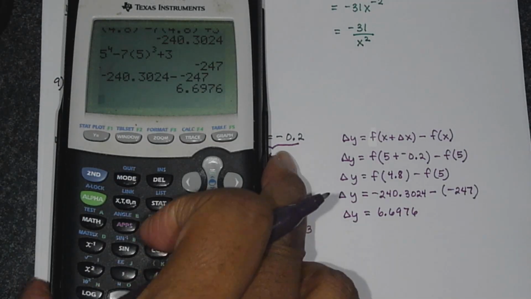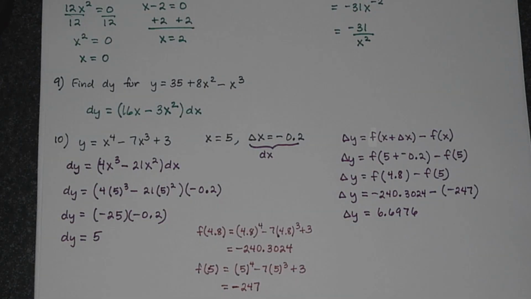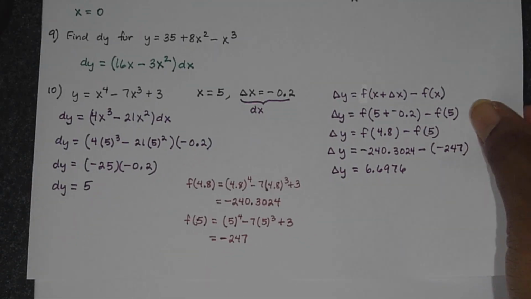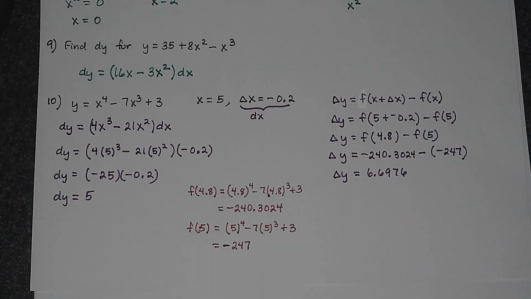Okay. So delta y would be 6.6976. Okay. All right. Are there any questions about problem number 10 and how that's done?